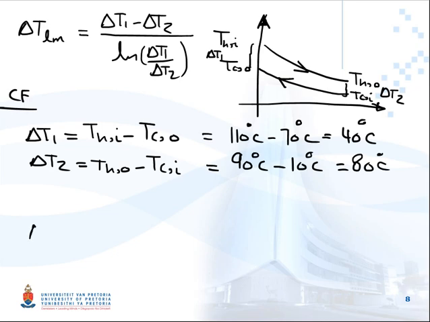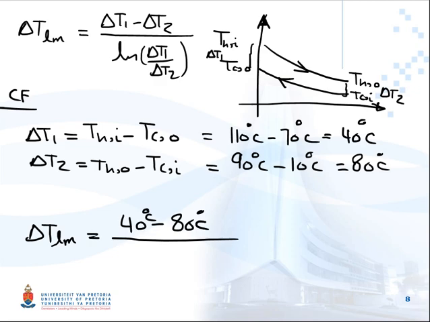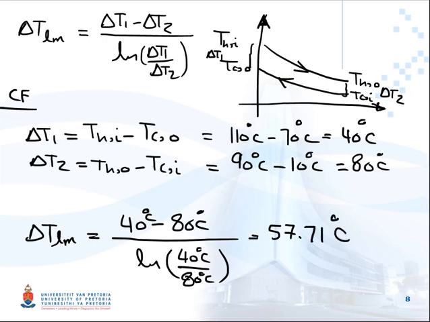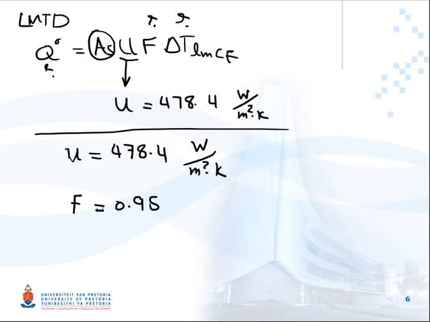So delta T LM is equal to 40 minus 80 divided by ln of 40 over 80, which gives us the value of 57.71. Okay, now let's go back to here. We also find delta T LM for counterflow, which is 57.71.